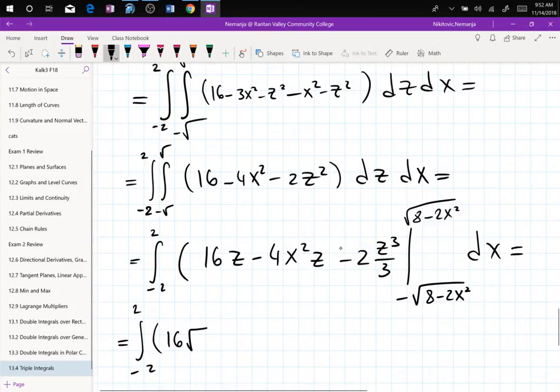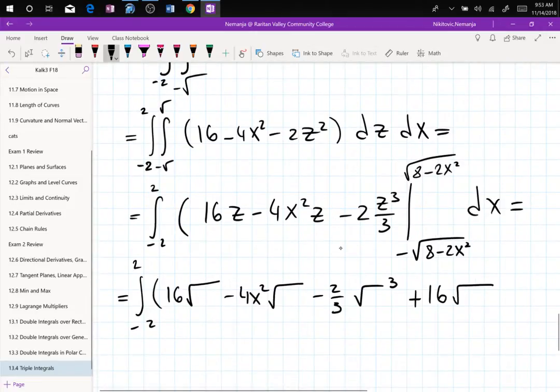So this is going to be 16 square root, minus 4x squared square root, minus 2/3 square root cubed, minus and minus will give me plus 16 square root, minus from the formula, minus from here, minus from there is a minus 4x squared square root, and then minus from the formula. So all of these are doubled.